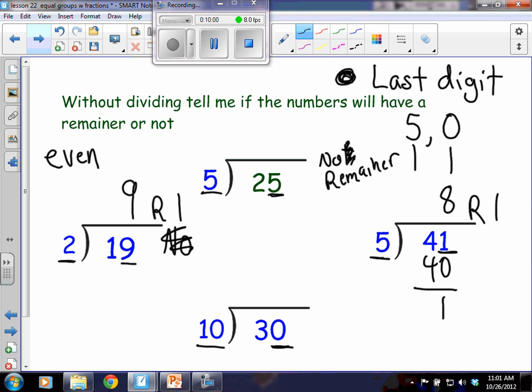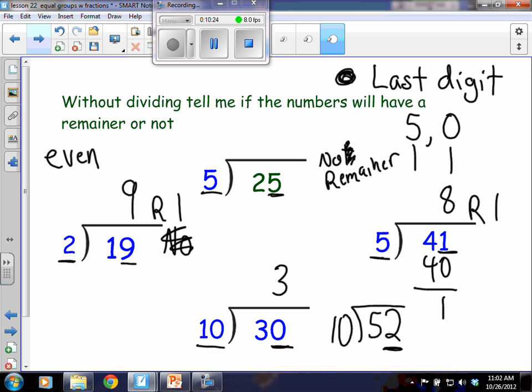So 10 goes into 30 perfectly, and 3 times. So there will not be a remainder. But if we had 10 going into 52, we can see that this last digit is not a 0, which means there will be a remainder on a problem like that.